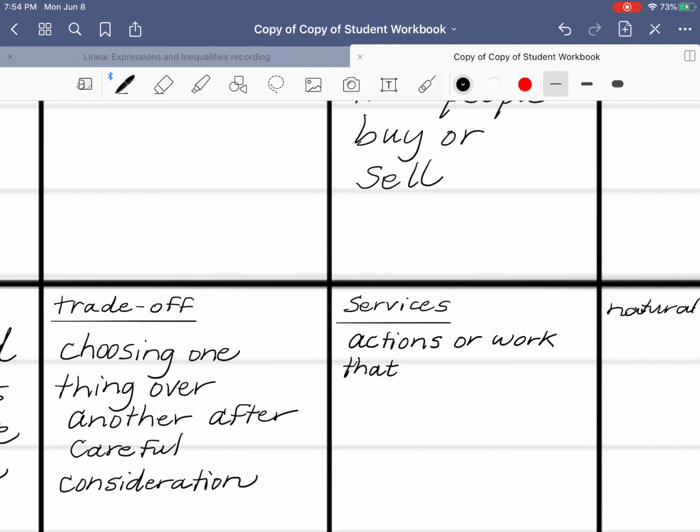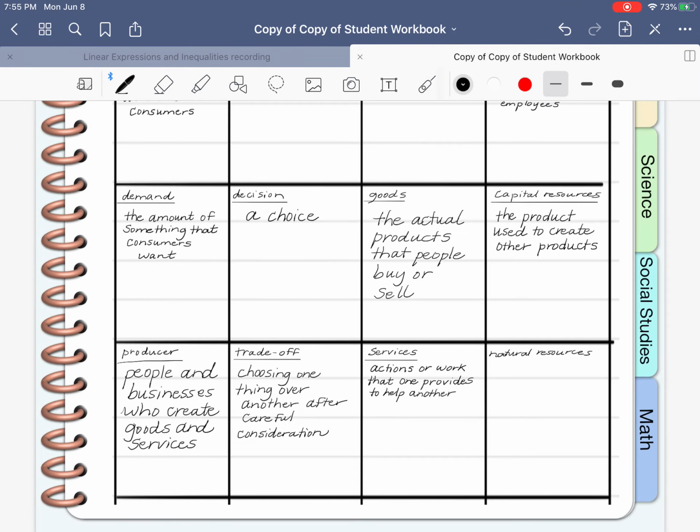I'm going to say it this way, that one provides to help another. Those are services.